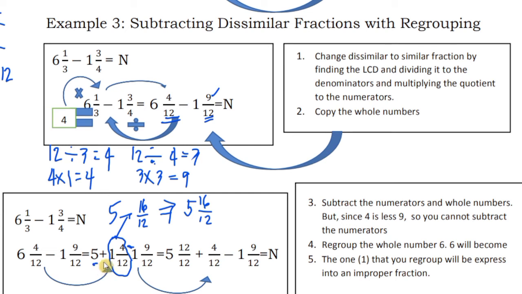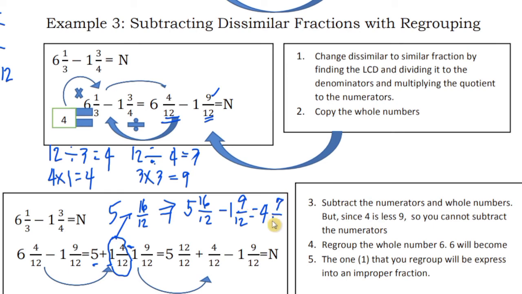By merely separating the 5 and the 1, because 5 plus 1 is 6, subtracted from 1 and 9 over 12. Then whole number subtracted from whole number, so 5 minus 1 is 4. Then 16 minus 9, we have here 7.